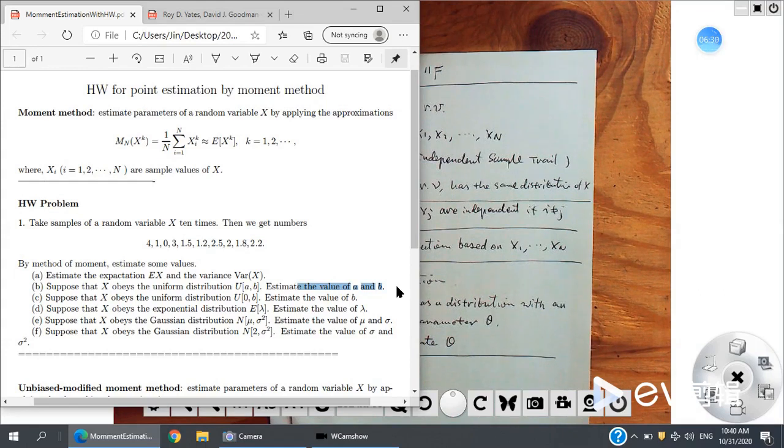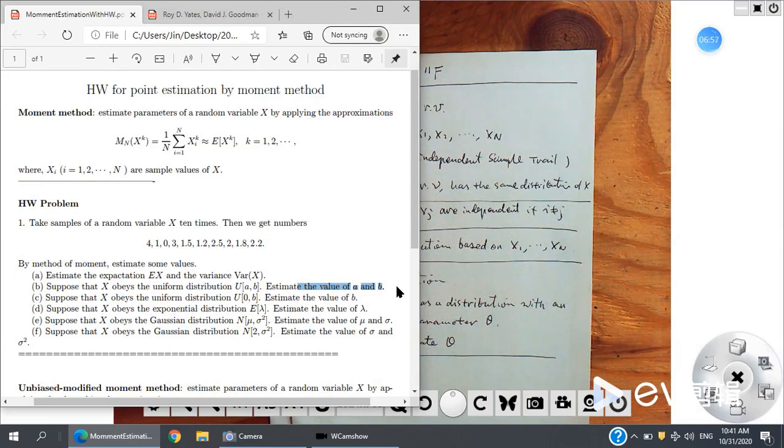Okay, I have A, B, C, D, E, F, 6 cases. Like you look at problem E. We know X obeys the Gaussian distribution, and we want to estimate the mu and sigma, right? So it is also the same case. You know something about X. It is Gaussian, but in the Gaussian, you have a mu and sigma square.